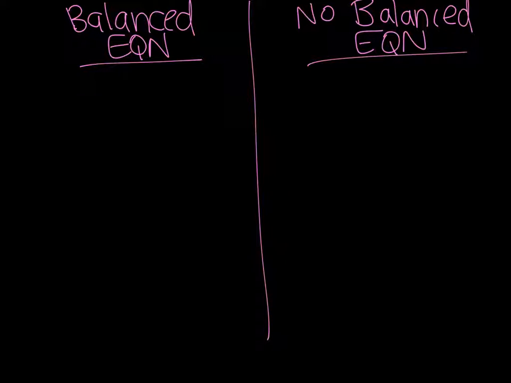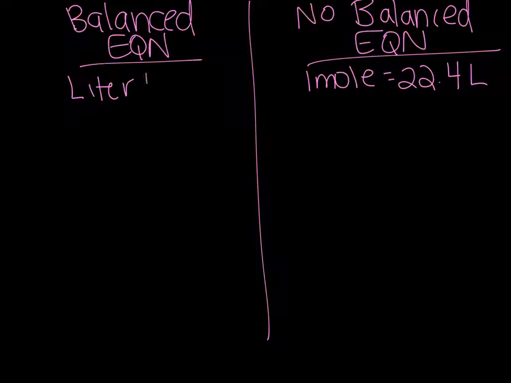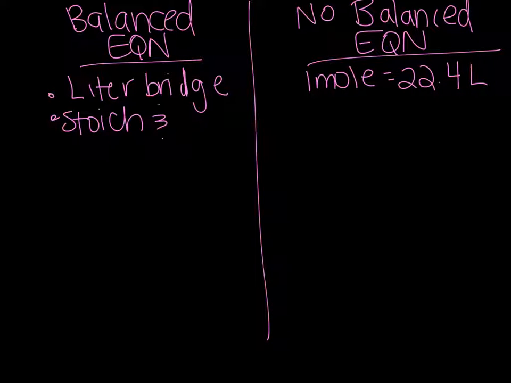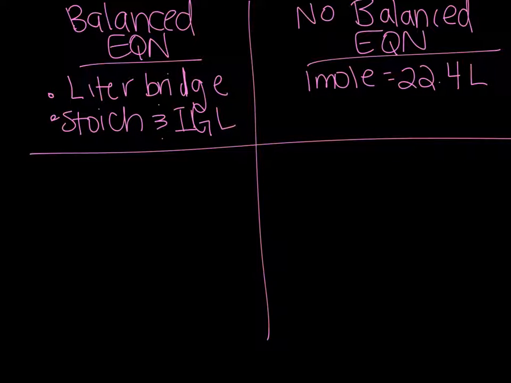When we had no balanced equation, we used the idea that 1 mole is 22.4 liters. When we had a balanced equation, sometimes we used the liter bridge, or we used stoichiometry and ideal gas law. Those are the two main differences.